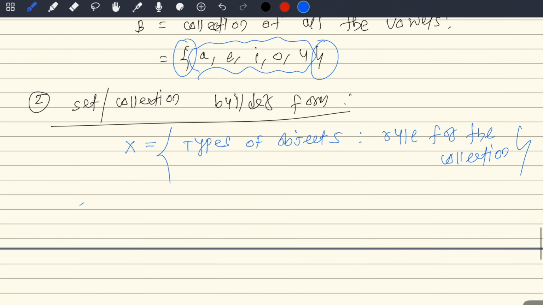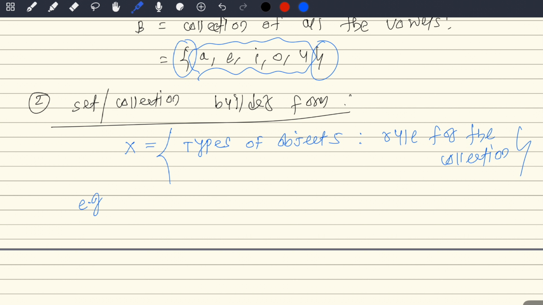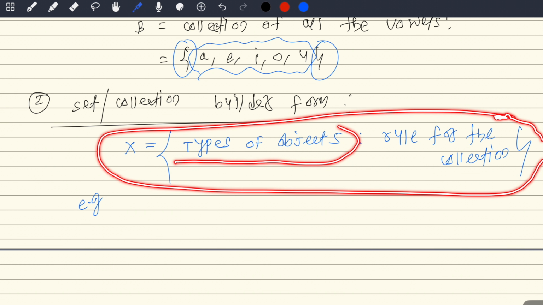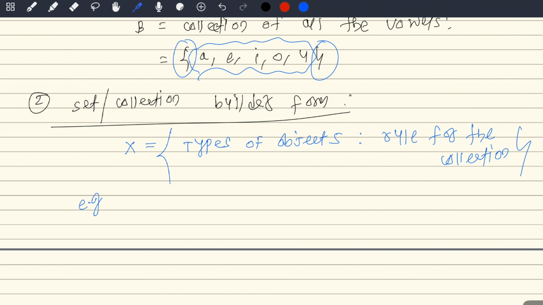So this is my format in order to represent any set in set builder form. In order for any object to be an element of this set, it should satisfy both: it should be of that type of object and satisfy the rule of the collection. This is needed for a set to be well defined, right?